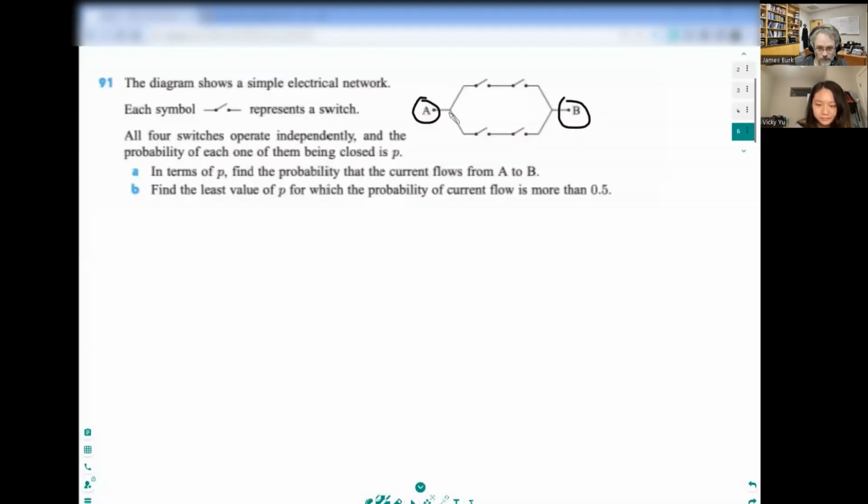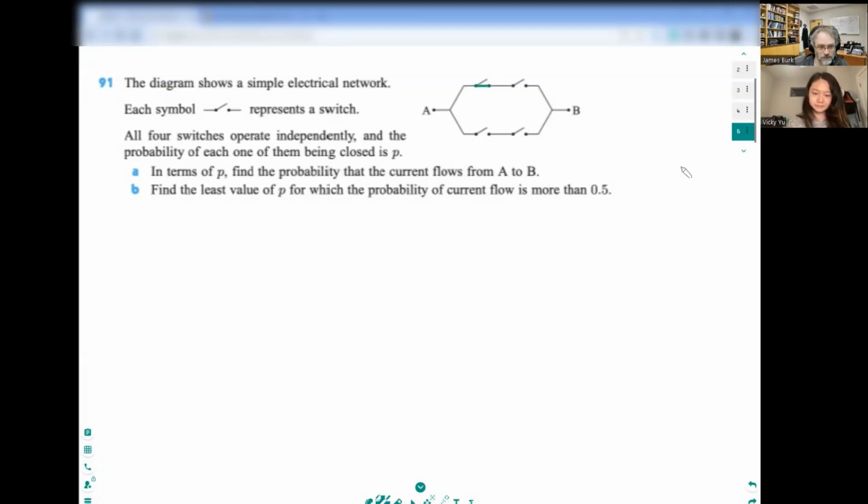So I want to go something like this. Now, what does P represent? The probability that they're closed. Okay. Right now they're open.